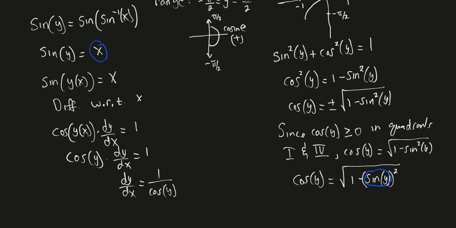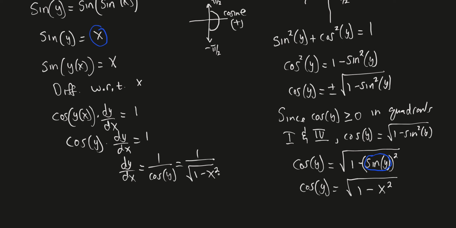Then I have this nice expression for the cosine of y: the square root of 1 minus x squared. So then I can put this root in the denominator and get my derivative in terms of x. We're bouncing back and forth using identities and all these properties, but in the end, this is what we've come up with.